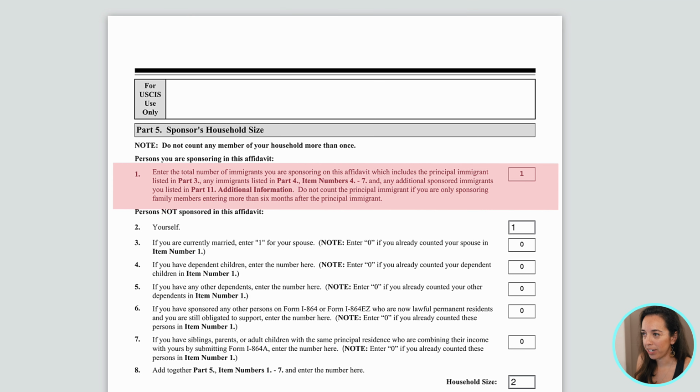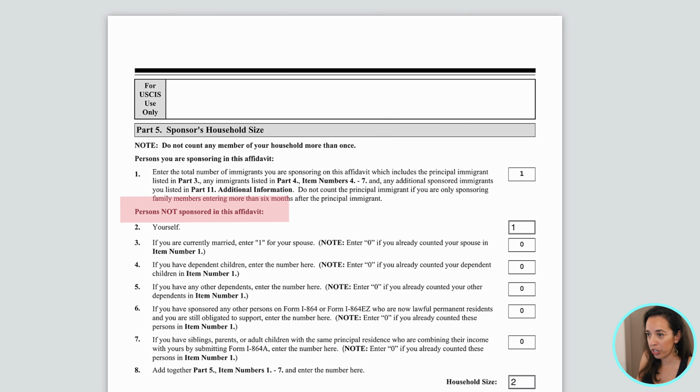Part 5 asks for the sponsor's household size. So question 1 asks for the number of persons you are sponsoring in this affidavit. It asks you to enter the number of immigrants that you are sponsoring, which includes the principal immigrant listed in Part 3. So I wrote 1, as I am sponsoring just my husband or beneficiary. It then asks persons not sponsored in this affidavit.